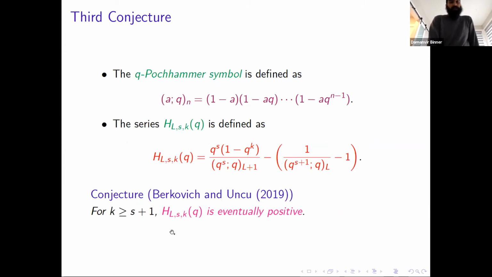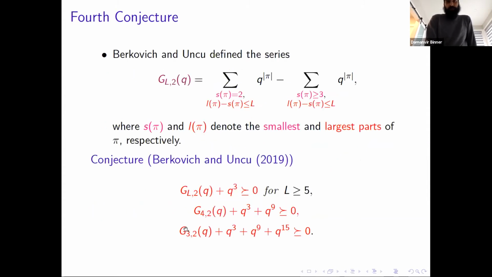Then they conjectured that this q-series is eventually positive, meaning that all its coefficients are positive after a certain bound. Finally, for the fourth conjecture, they once again turned their attention to partitions having a difference between their largest and the smallest parts bounded above by L. Among these partitions, they compared the number of partitions with smallest part 2 with those having smallest part 3 or more.